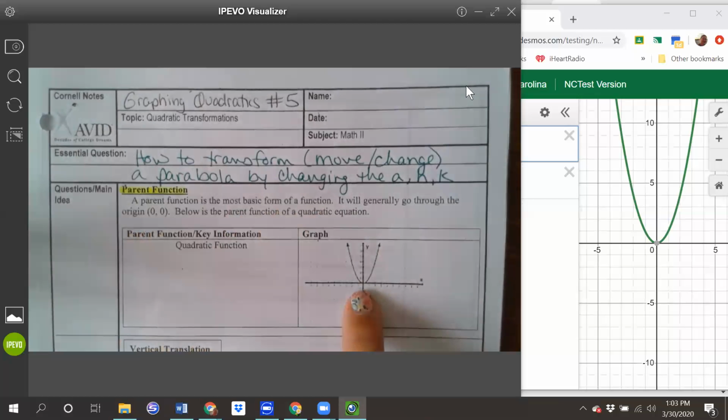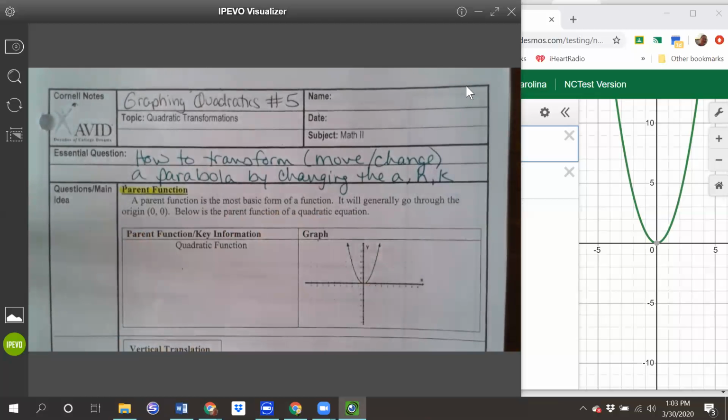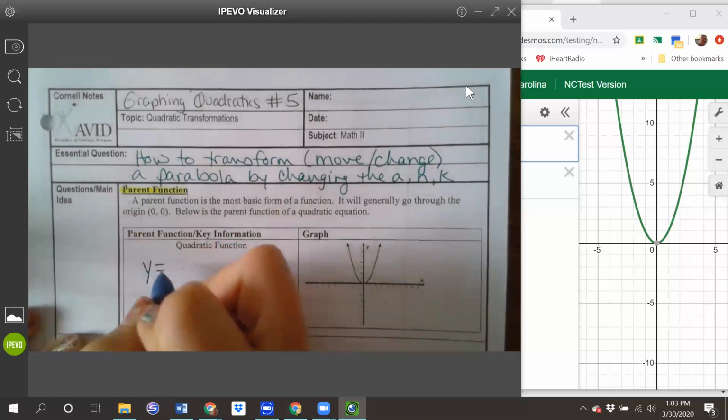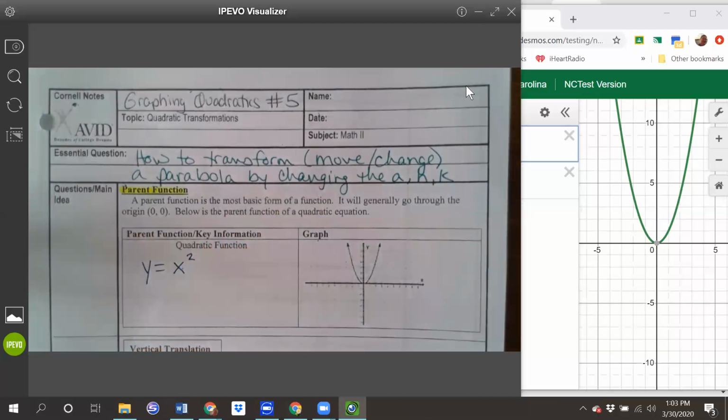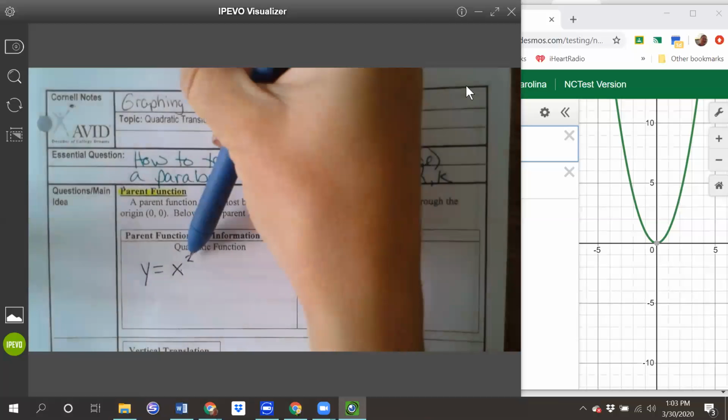That most basic equation is y equals x squared. That meets the bare minimum requirements to be a quadratic. In order to be a quadratic, you have to have an exponent of 2 on the variable, and it can't be more than 2, and that's it.